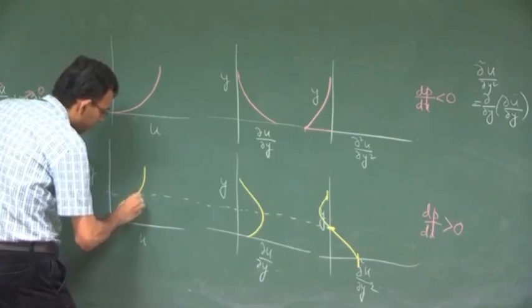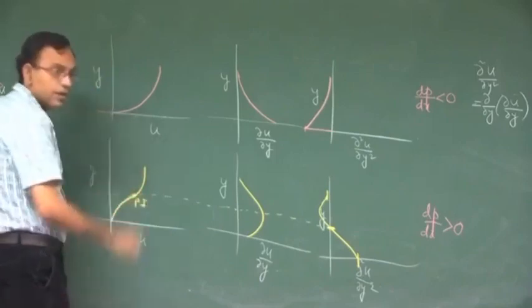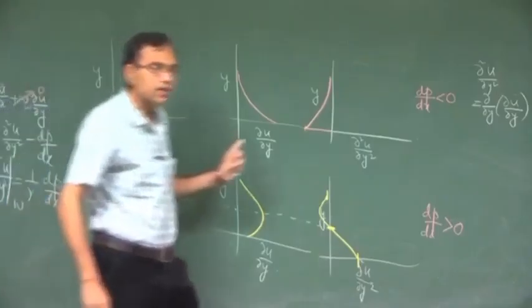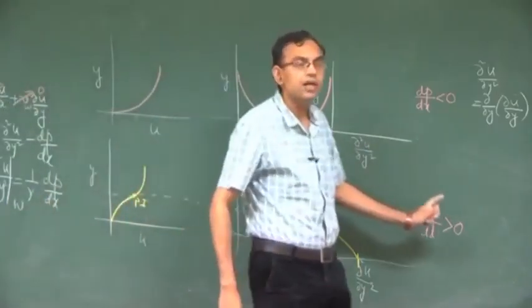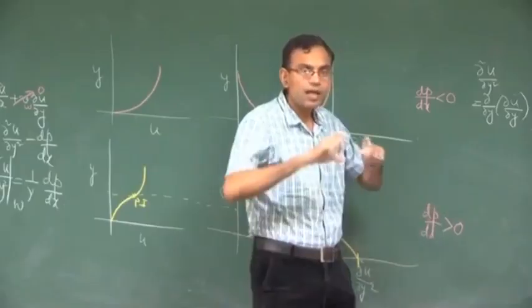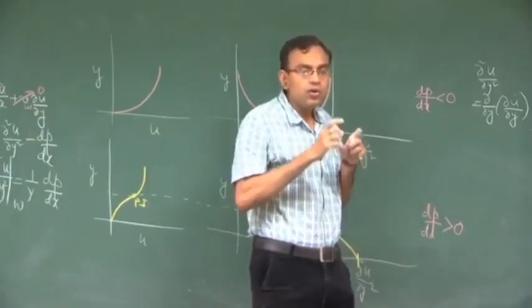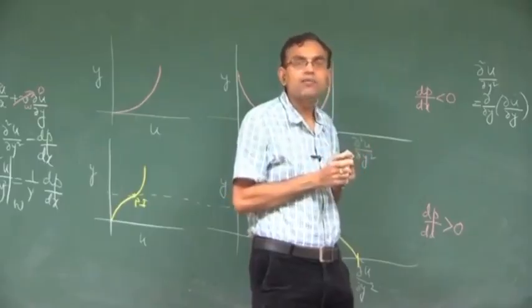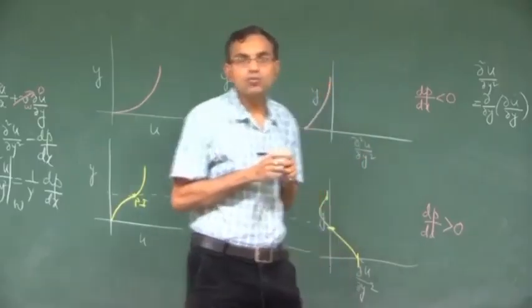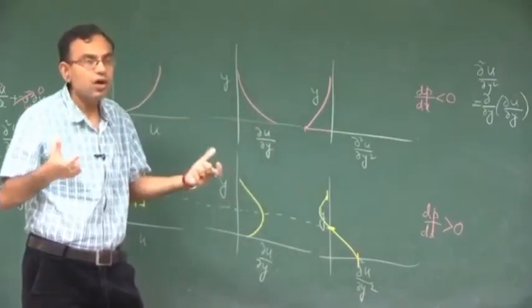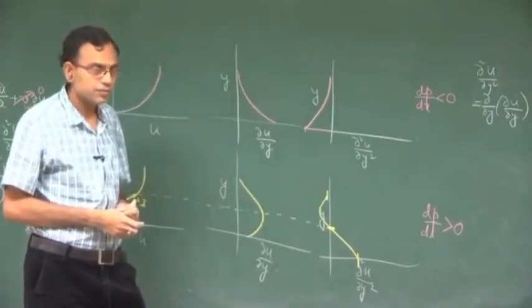This is called the point of inflection. This point of inflection is a hallmark of the possibility of boundary layer separation. So, by physically looking at the velocity profile, if you can identify a point of inflection, then you may sense that there could be a possibility of boundary layer separation.